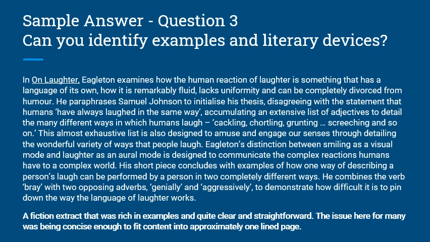So overall, this was a non-fiction extract that was rich in examples and was quite clear and straightforward. The issue here for many in the Marking Centre was whether they were being concise enough to fit content into approximately one lined page. Okay, so you can clearly see here a sample answer that ticks all the boxes with addressing the question, giving examples, giving devices, and it's about removing any minimal element of doubt that a marker could have about giving a student 4 marks.